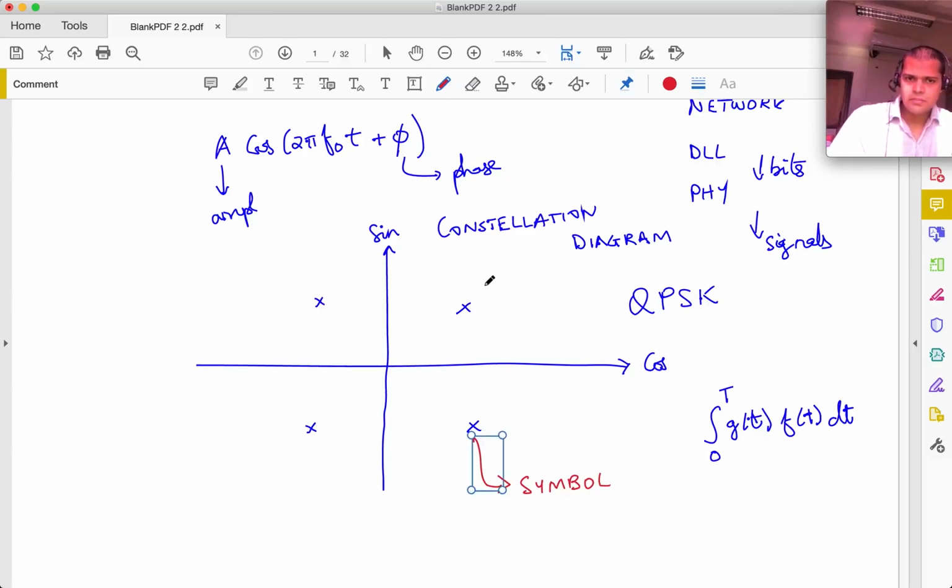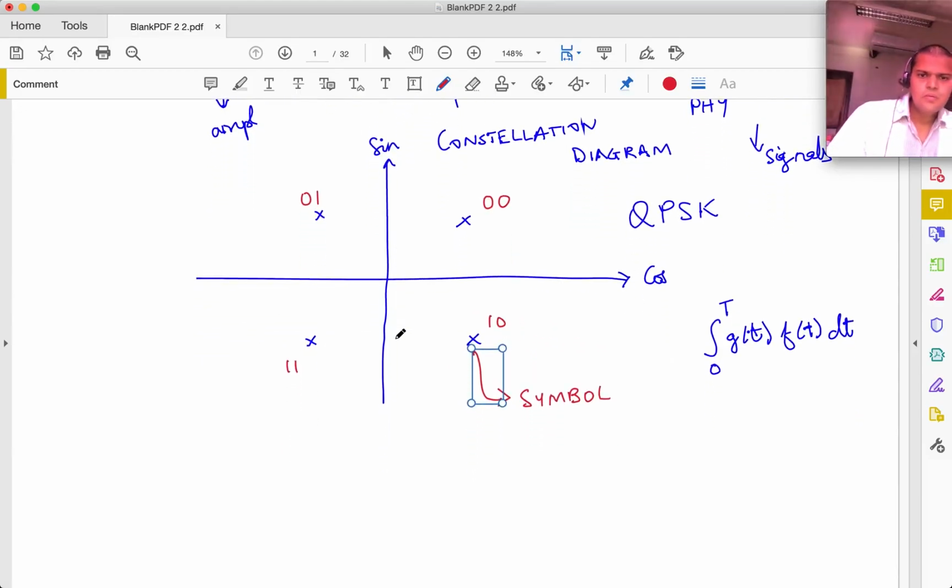And for example, if you have bit 0 0 coming in, you would send out this symbol. If bit 0 1 came from the higher layer, you would send out this particular signal. If 1 0 came, you sent out this one, and 1 1 for this particular signal. Of course, we could have different assignments of bits to each of these symbols.